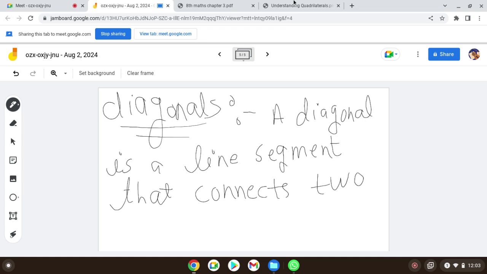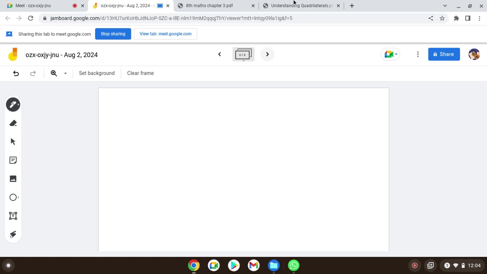They have a space, a distance between them.